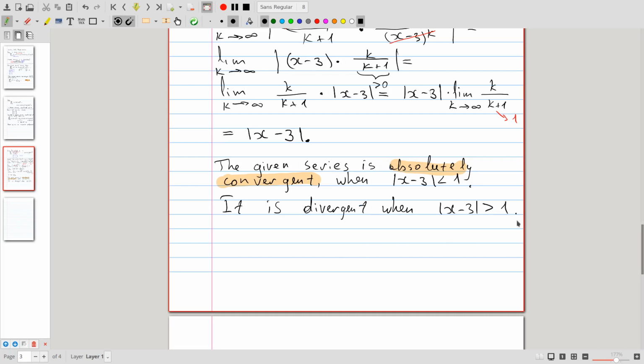This is also something that we know from the ratio test. If the expression that you compute in the ratio test is bigger than 1, then your series must be divergent.